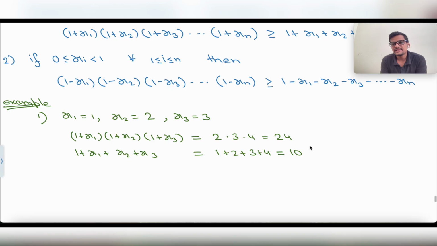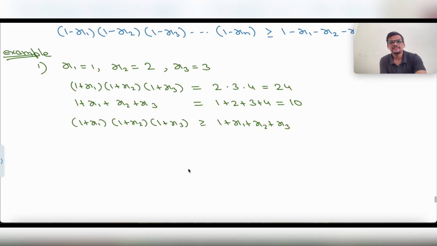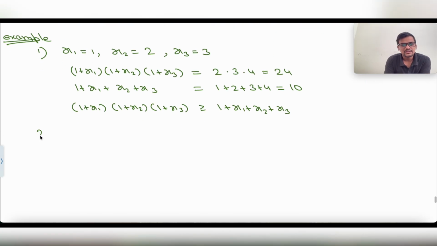So clearly the product (1 + x1)(1 + x2)(1 + x3) is greater than or equal to 1 + x1 + x2 + x3, right?